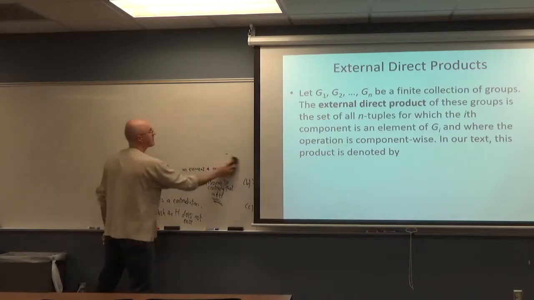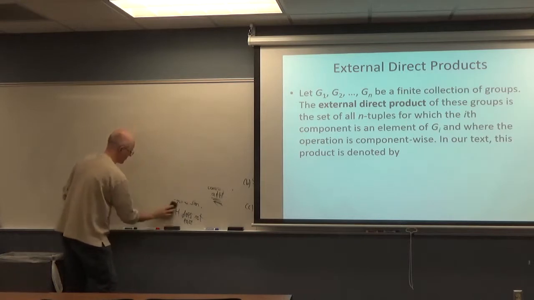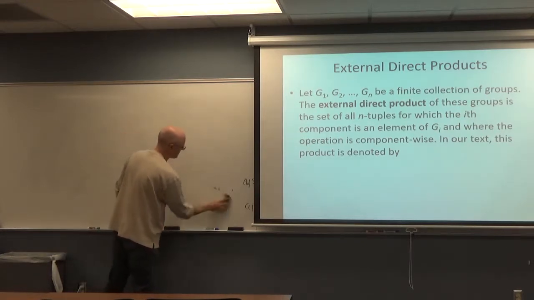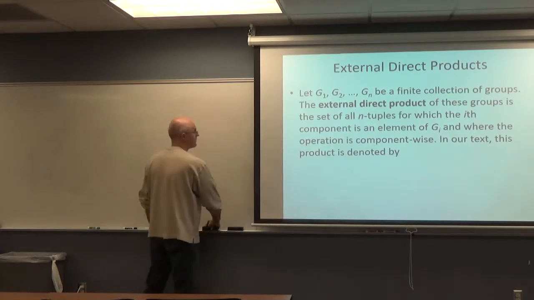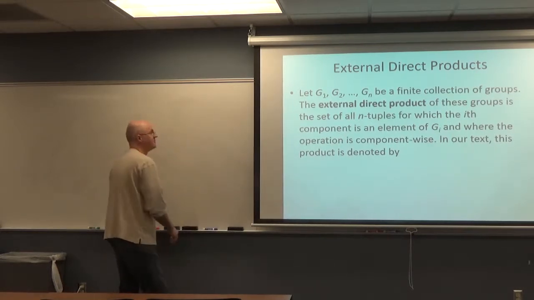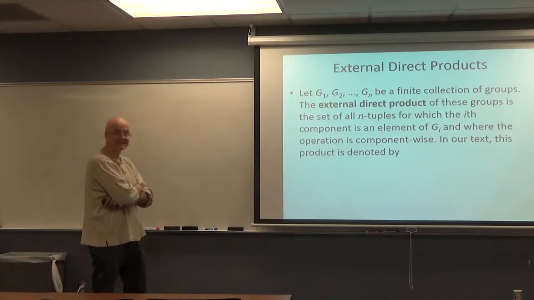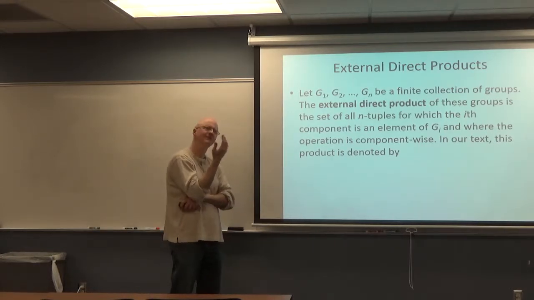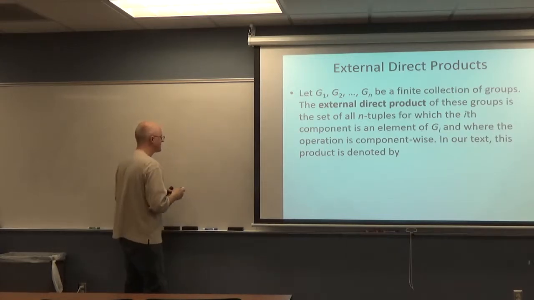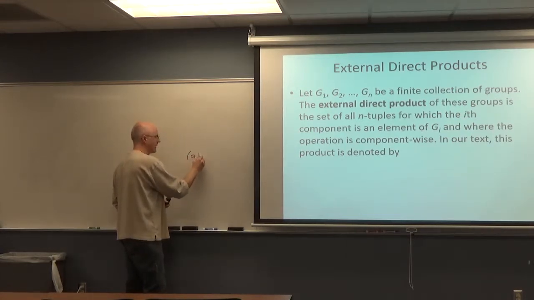You've got a finite number of groups, G1 through Gn. Their external direct product is, as a set, the set of all n-tuples. What's an n-tuple? Well, a 2-tuple is an ordered pair.